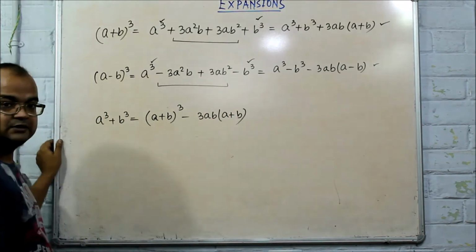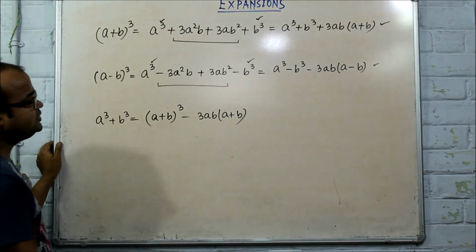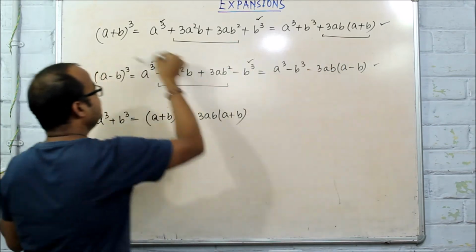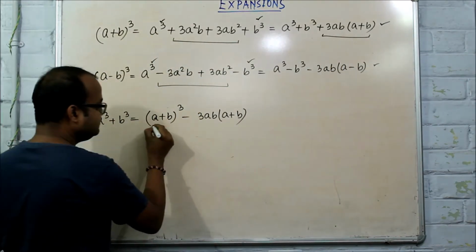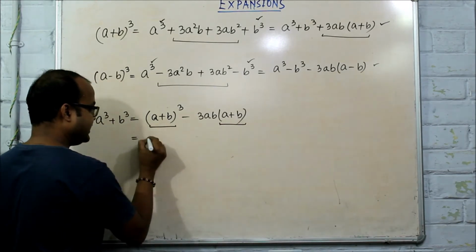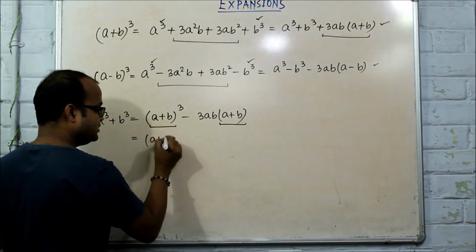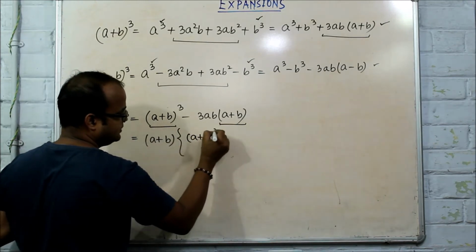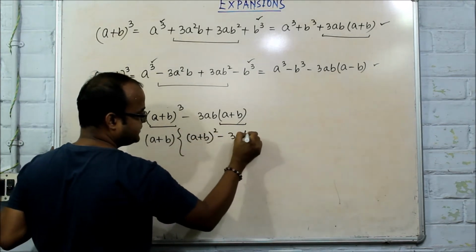See what we did? We took this plus 3ab into (a + b) term to the other side. Now, from these two, we can take (a + b) common. So the factor left here is (a + b) square minus 3ab.